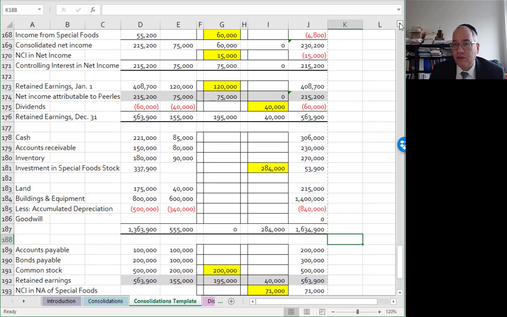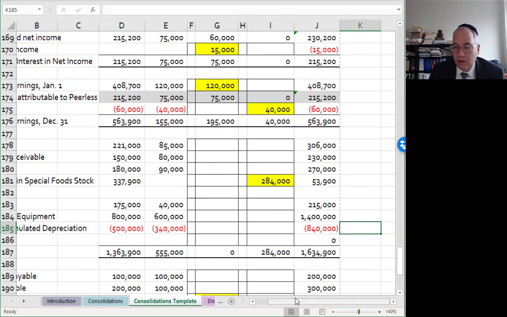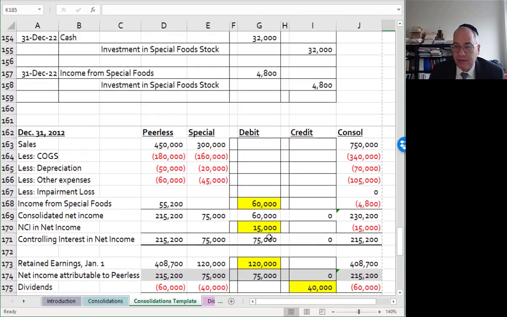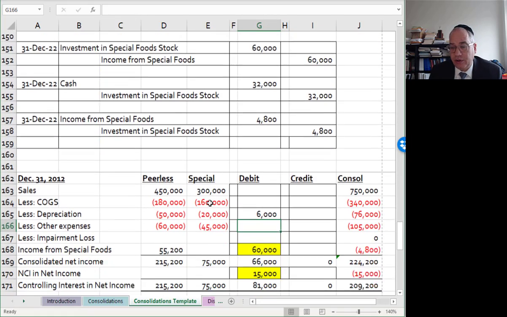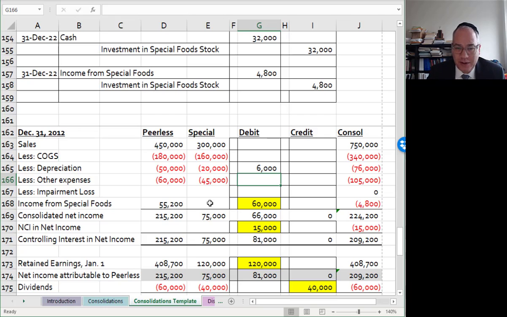The next entry to do now is to focus on the income statement and whatever additional expenses I need to record. There's only one additional item I need to do this year, and that's the additional depreciation of $6,000. It's always $6,000 because we're using straight line. Imagine what would happen if you used ACRS or double declining balance, right?